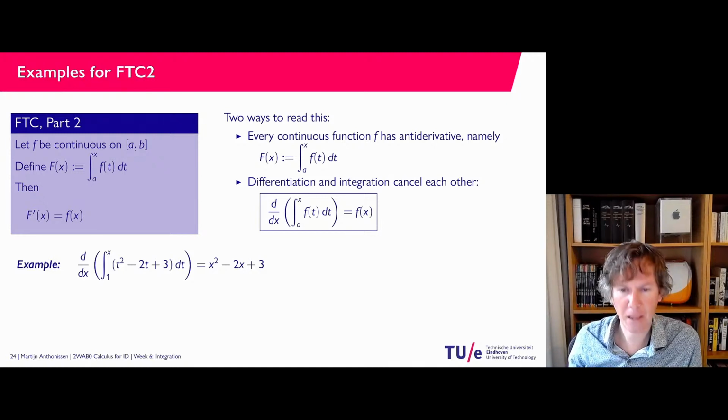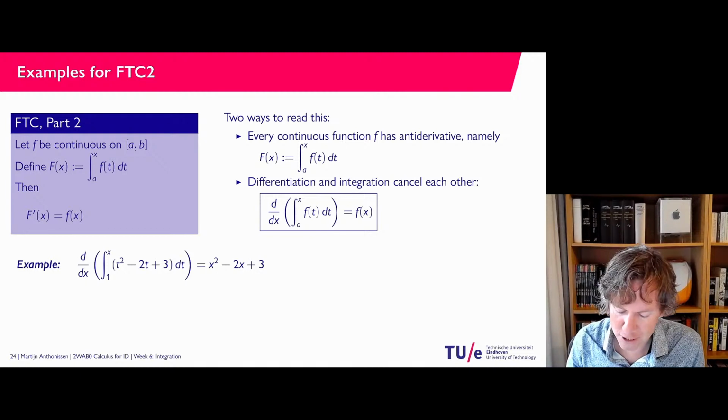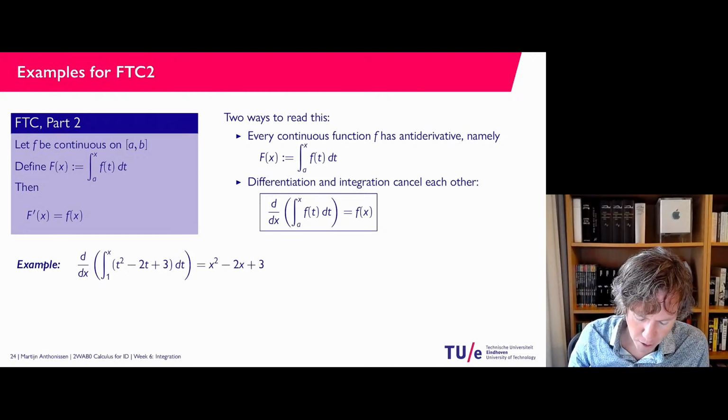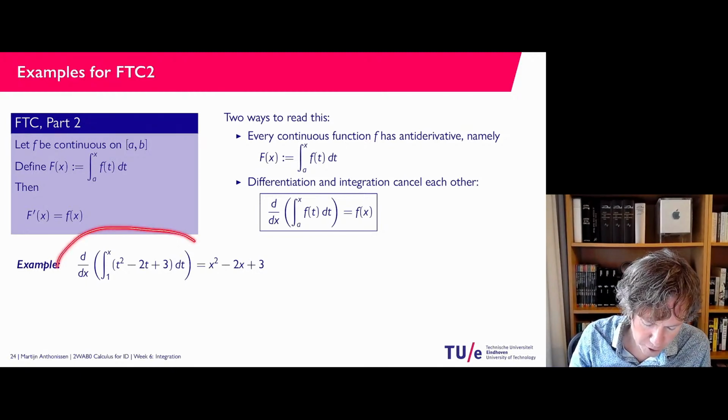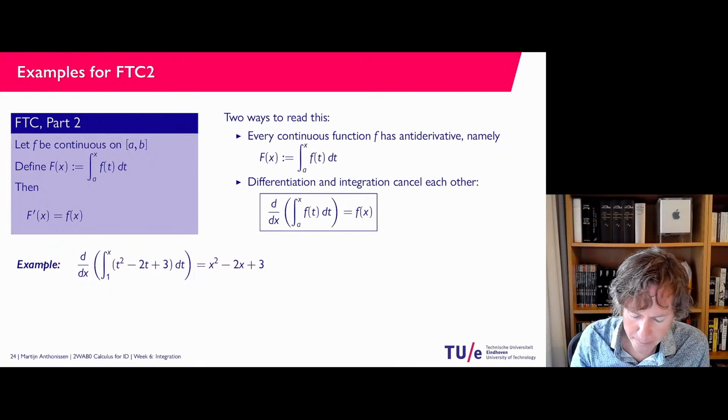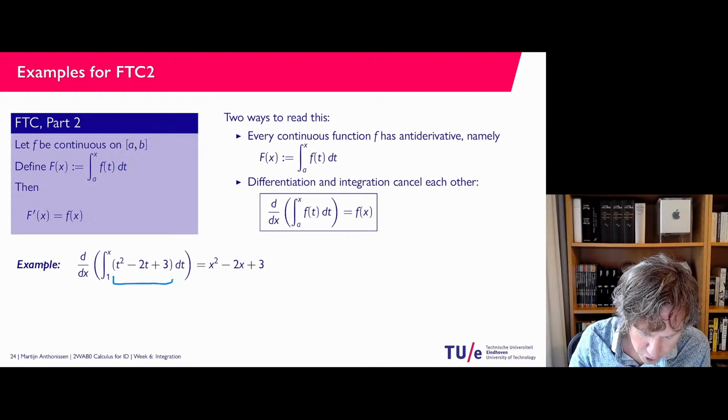So a very simple example that is not terribly interesting. If you have an expression like this, well, this thing here is f of t. So f of t is t squared minus 2t plus 3.